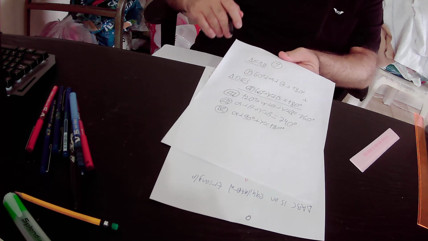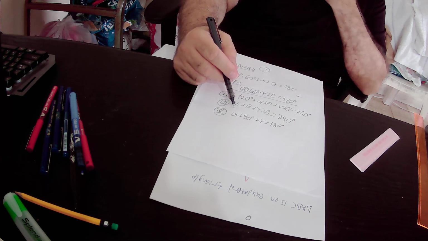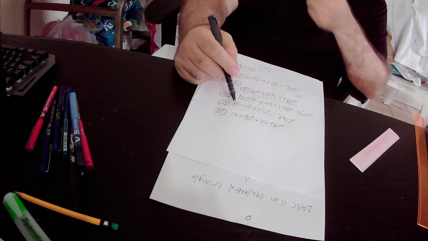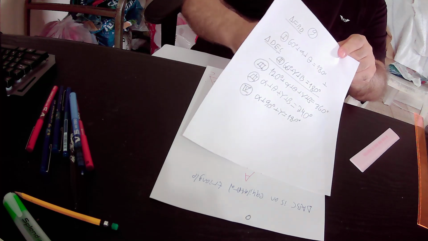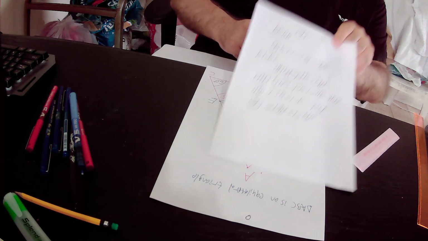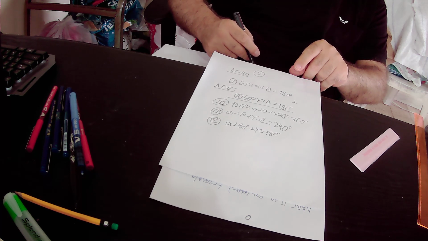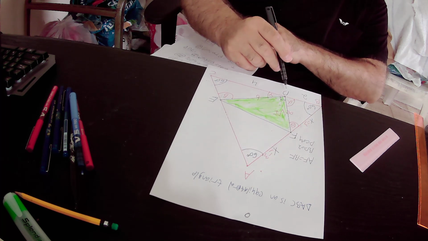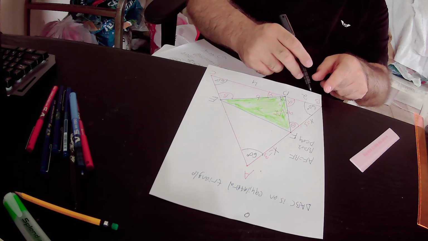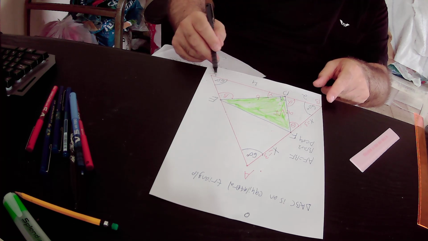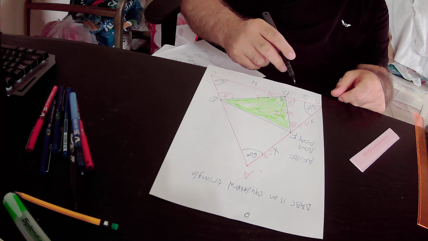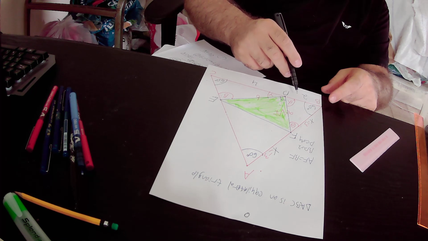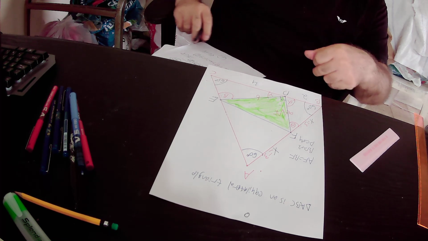Okay, so if we focus on point D in relation to line segment BC, the sum of the angles on the upper side of line segment BC equals 180 degrees, that is to say alpha plus 90 degrees plus gamma equals 180 degrees.